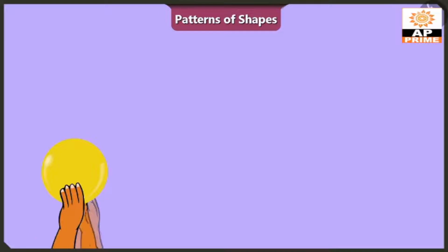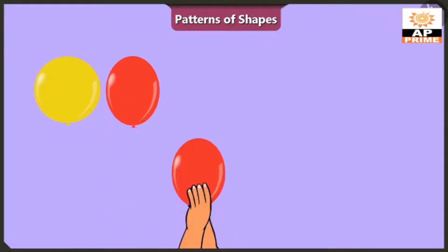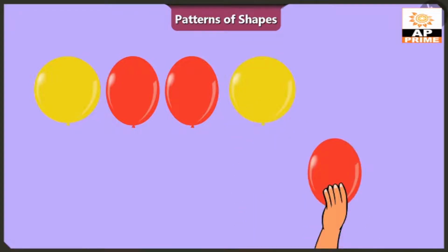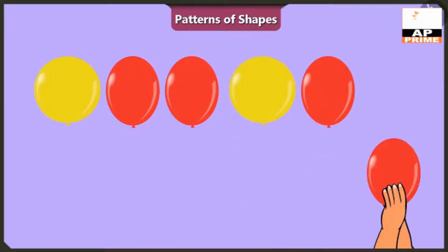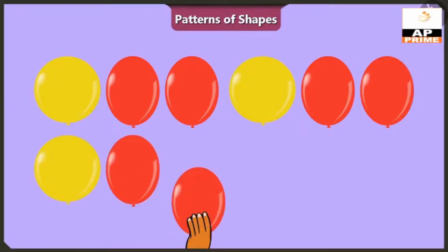Okay, one yellow spear-shaped balloon. Then 2 red oval shaped balloons. Then one yellow spear-shaped balloon and 2 red oval shaped balloons.